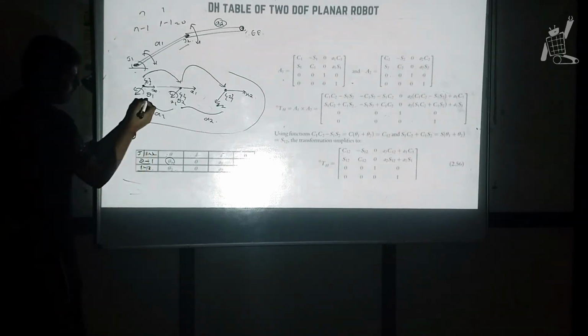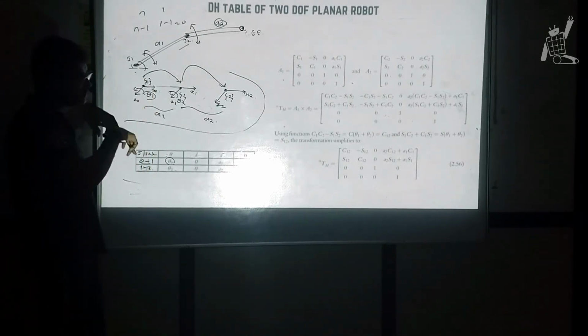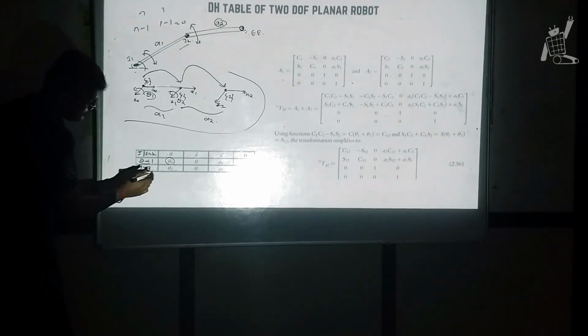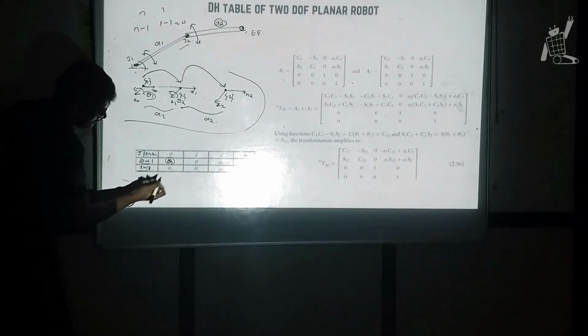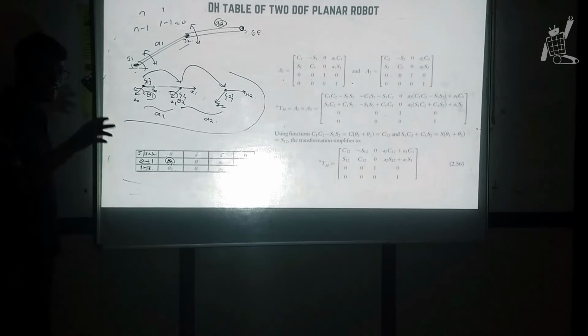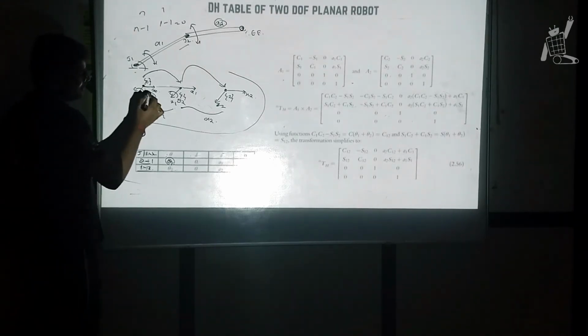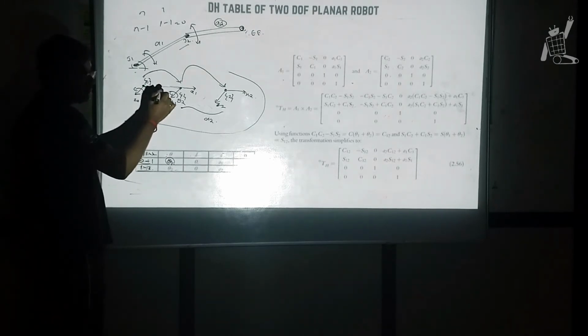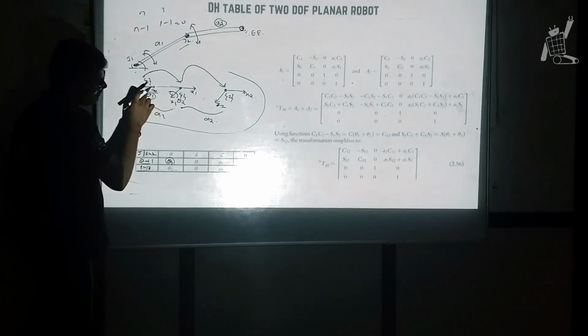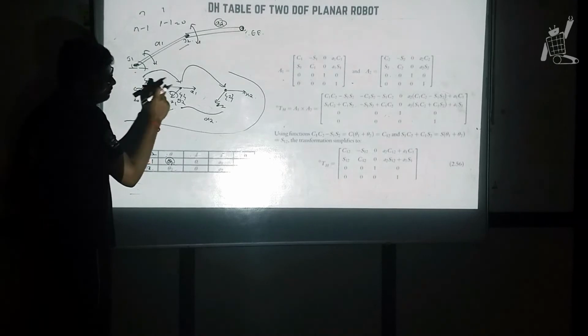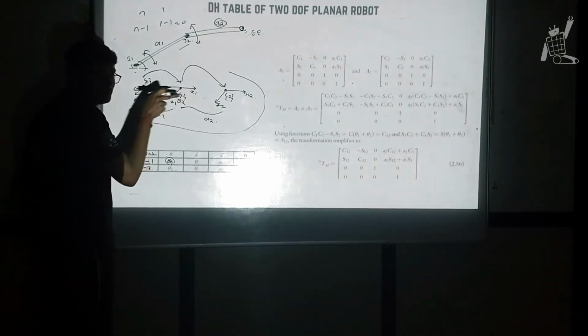So first, this joint is moving by an angle theta 1, right? Next, for d, you have to check if there is any motion happening along the z-axis. Since this is the x-axis, z is along this. In order to move this frame to there, it needs to move like that.